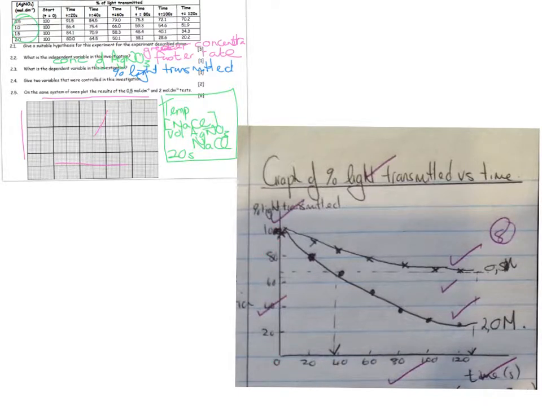You were then asked to decide, when you had 70%, what was the time at which that happened. So you go along on your graph, across and down. I got to about 125, some people got 120, and again across and down, and I got to about 37. There was obviously some room for variance over there.